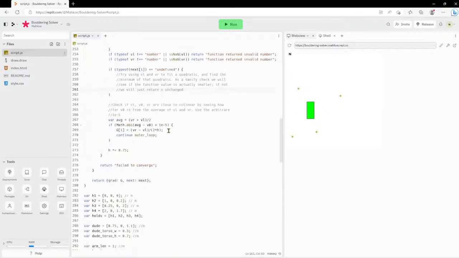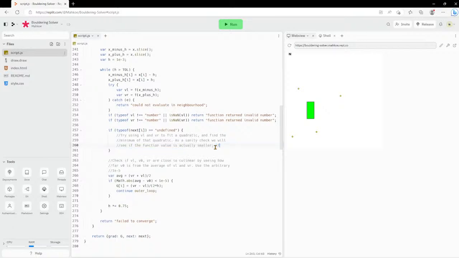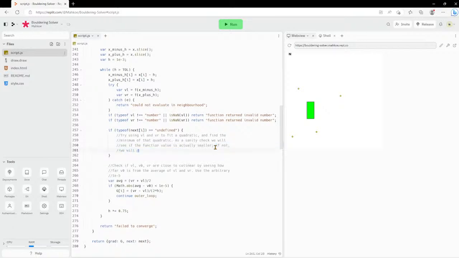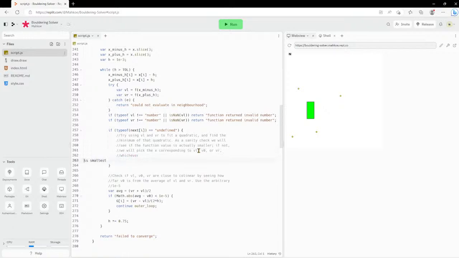Or, oh, actually, if not, we will pick the x corresponding to VL or VR, whichever is smallest. Okay, so how do we do this?